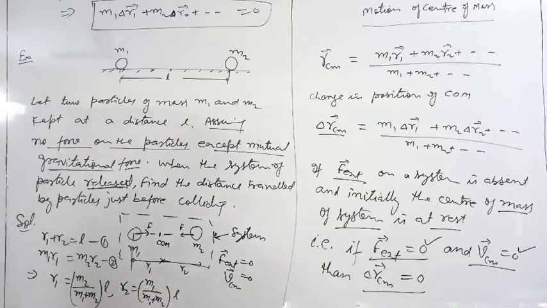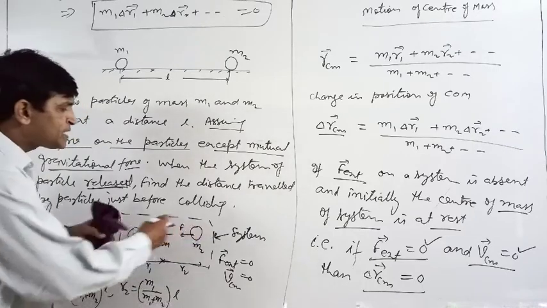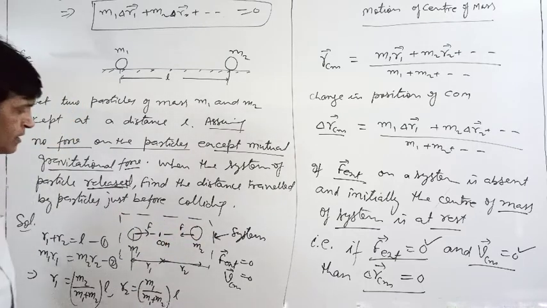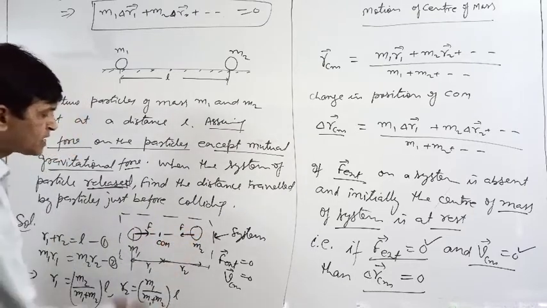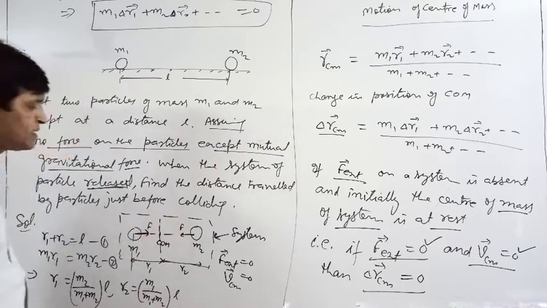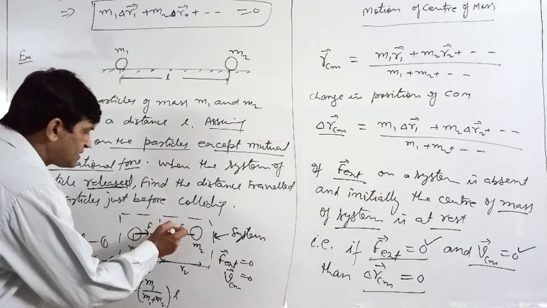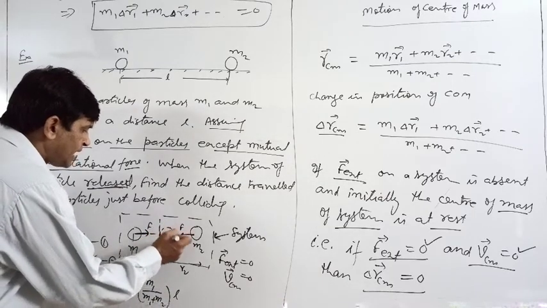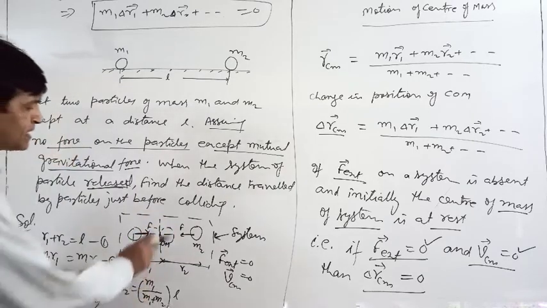See, then what will happen here? As soon as you release, these two will move toward the center of mass, but the center of mass will not change its position. So these two will collide like this.